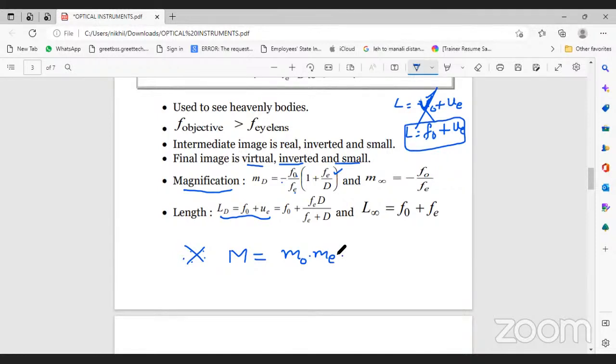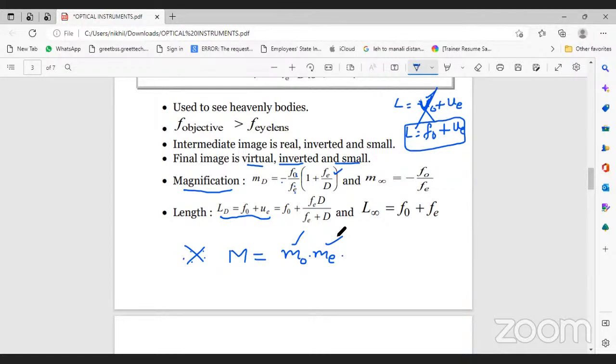Whatever F0 by Fe you are getting is the magnification for the objective lens. 1 plus Fe by D, whatever you are getting, is the magnification of the eyepiece.